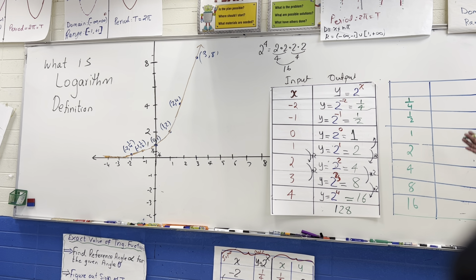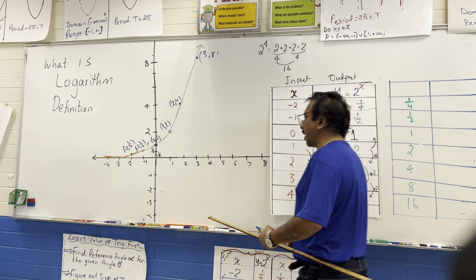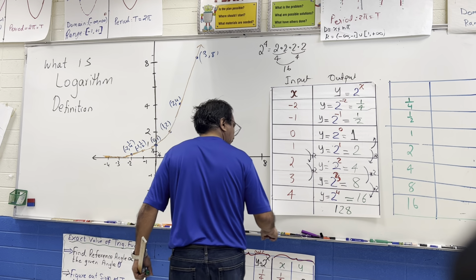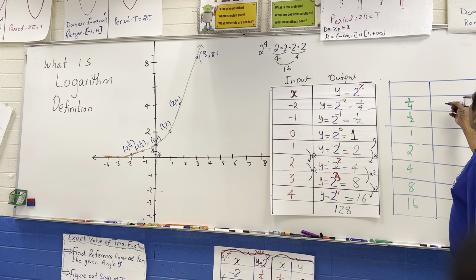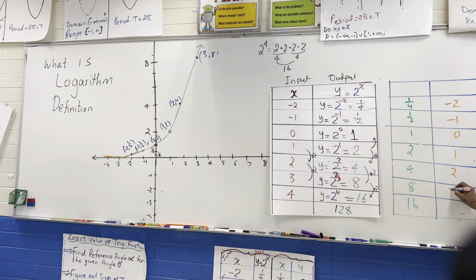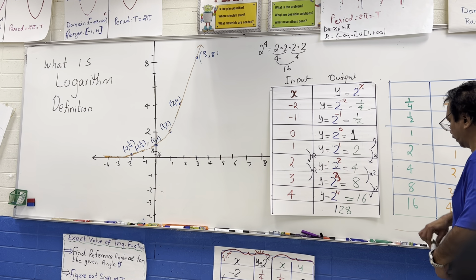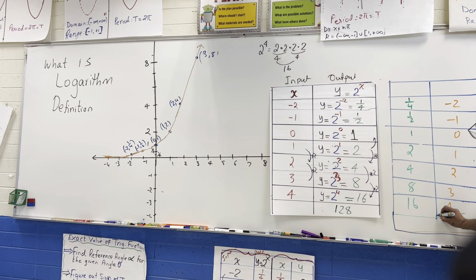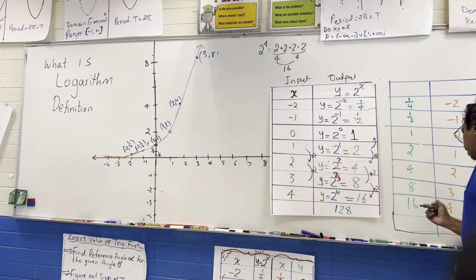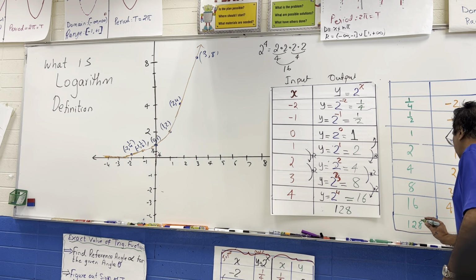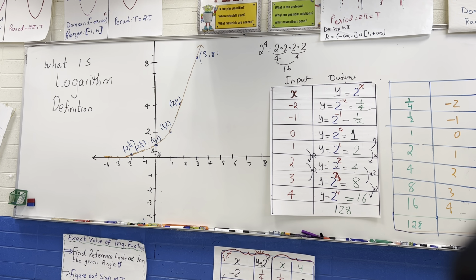So the output is written as input, and the input is written as output. So this will be minus 2, minus 1, 0, 1, 2, 3. And then 128, let me write it here. 1, 2, 8. Is that okay? So you just flip it.